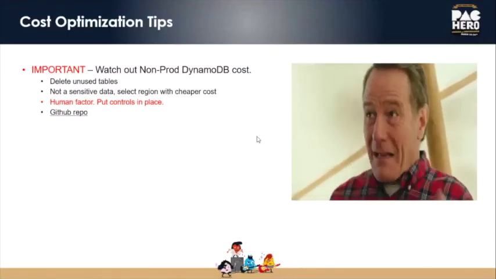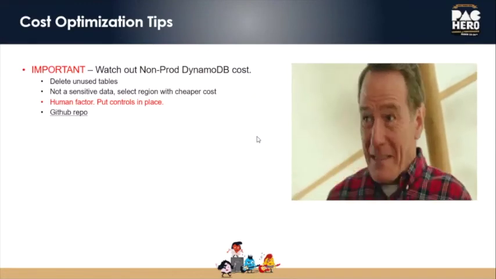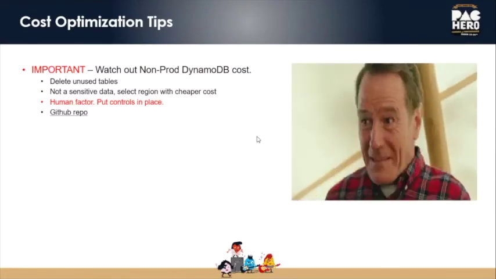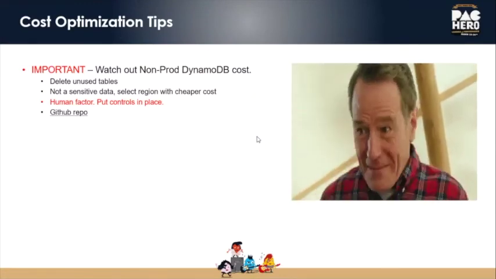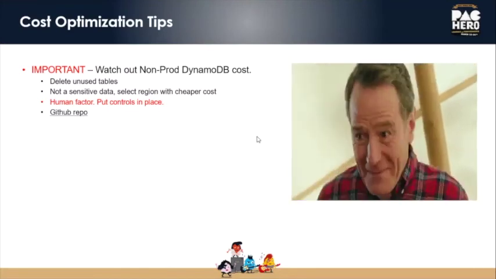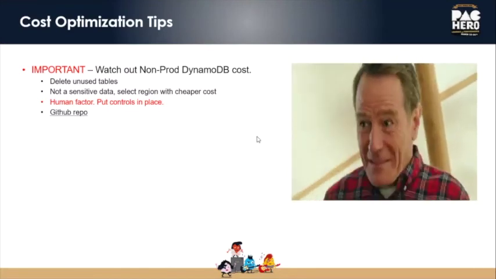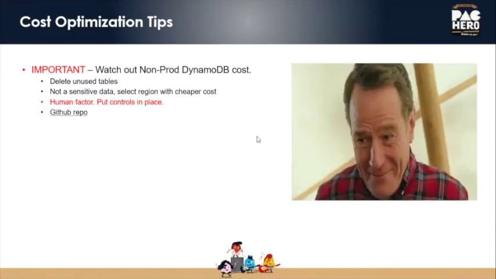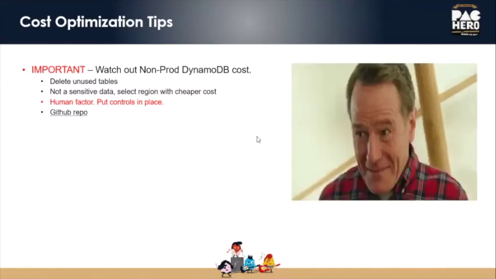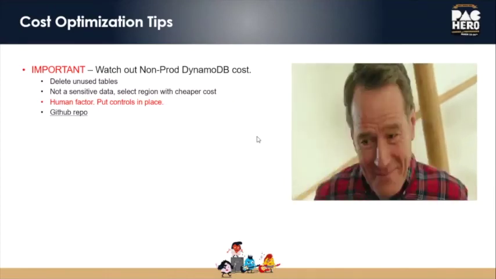So what was happening was you've got like 50 different tables with their own secondary indexes around, and half of the time no one's using those tables, and we're still paying for the data in those tables. So if you don't need those tables, delete those tables. You will save on the cost.